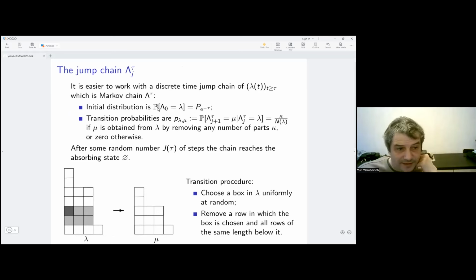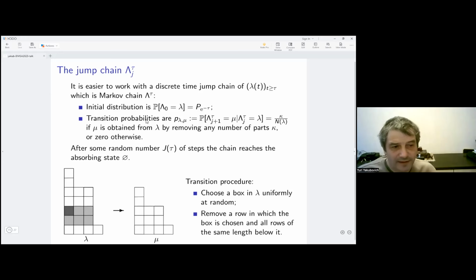And if we just consider the partitions which it visits, in the order in which they are visited, it is known as the jump chain of a continuous time Markov chain.